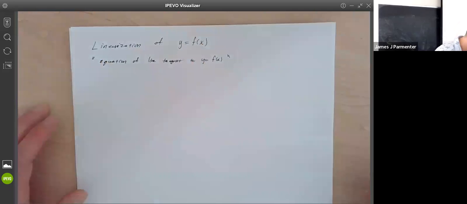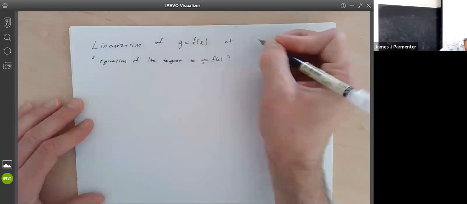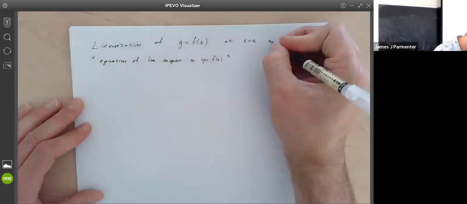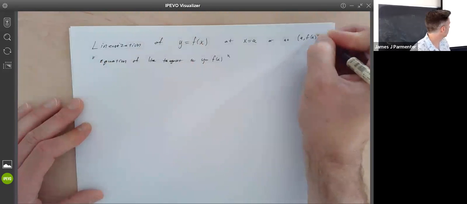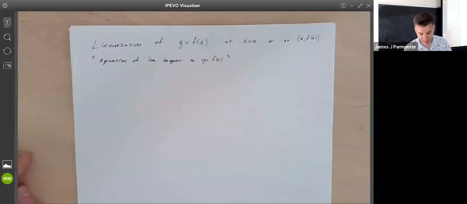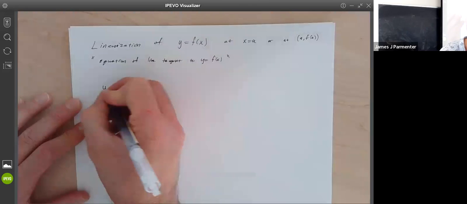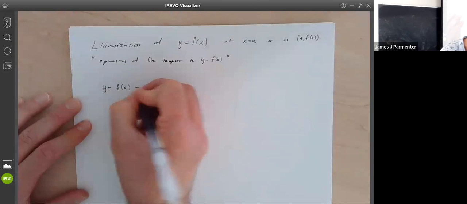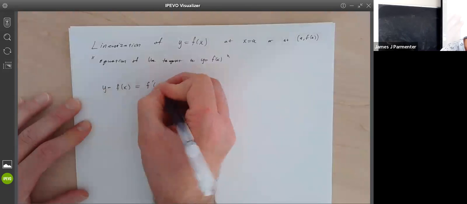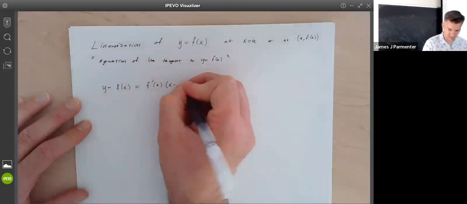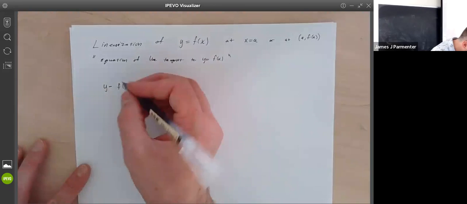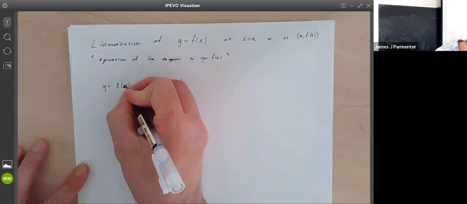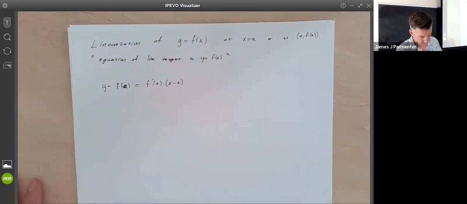We like to say we're going to do it at x equal to a, or at a comma f of a. And the way we do that is y minus the y value equal to your slope times x minus the x value. I made a small error there. It should be y minus f of a, not f of x.